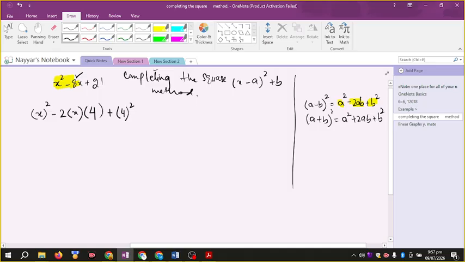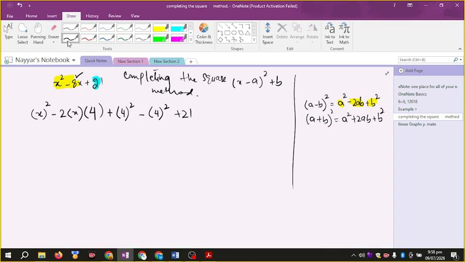Now the first two terms are already given, I just broke them, but I added this term myself. If I have added something myself, I have to subtract it as well. What was left? The 21 was left, so I'm going to write it down at the end.